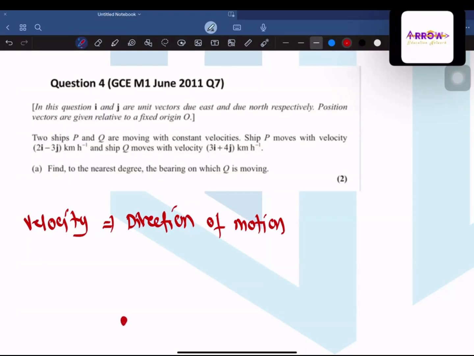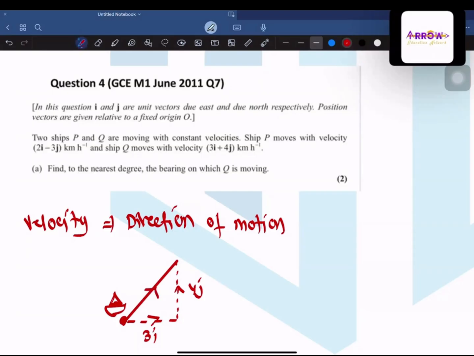Let's say here is a starting point for ship Q. And 3i plus 4j kilometers per hour means horizontally we are going 3 units towards the right and 4 units above. So the path of movement of this ship Q is like this. I'm going to make a straight line with a scale. This is basically the direction of motion of ship Q.